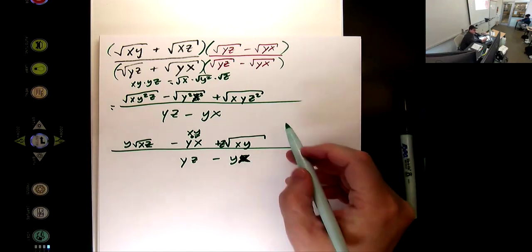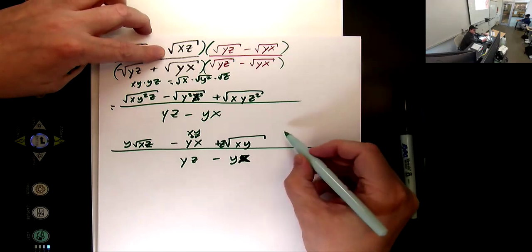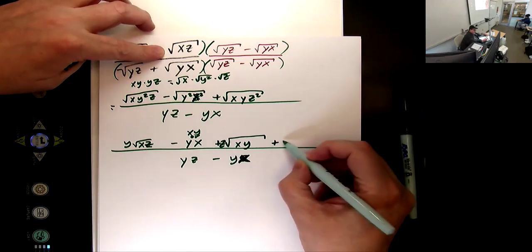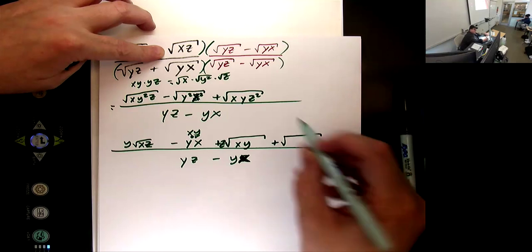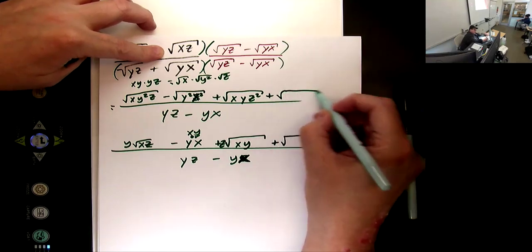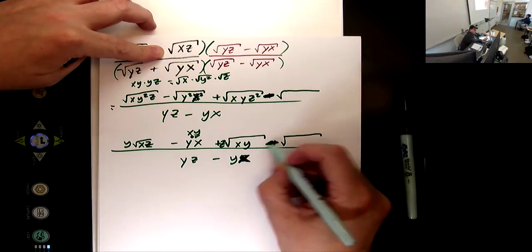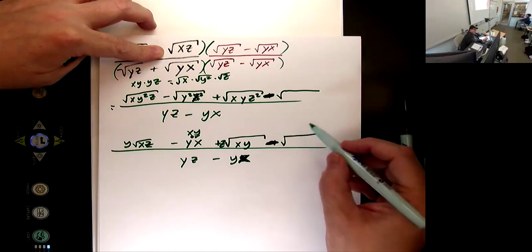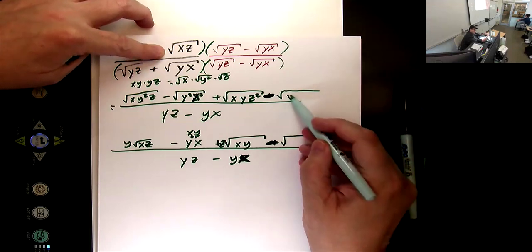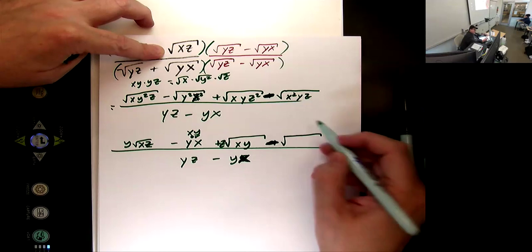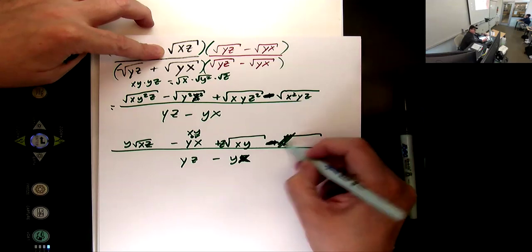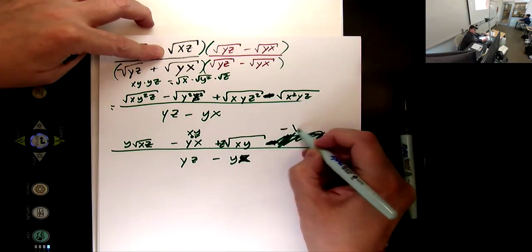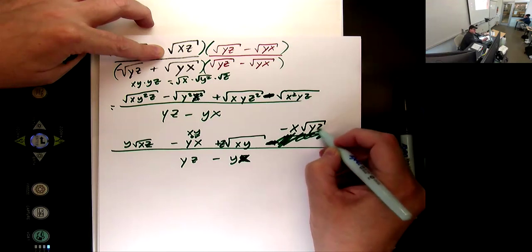And finally, we got plus XZ and minus YX. So plus square root, minus square root, we got X squared YZ, which when we come down here is gonna be minus X square root of YZ.